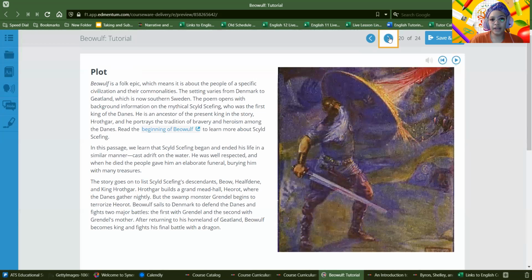Yep. The rest of the lesson goes over the plot in more detail. Everything that I covered so far was just background information for how Beowulf was written and why it was written that way. The actual story is going to be in the excerpt that they give you on slide 17. So what you're going to want to do is take your time and go through that as much as possible.